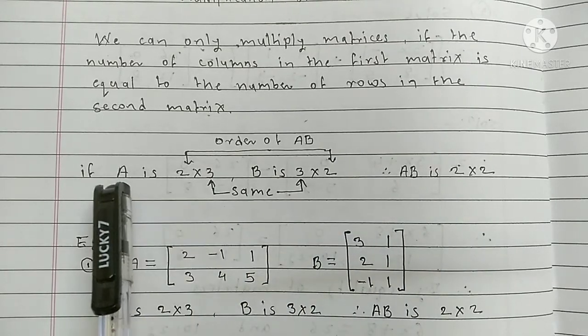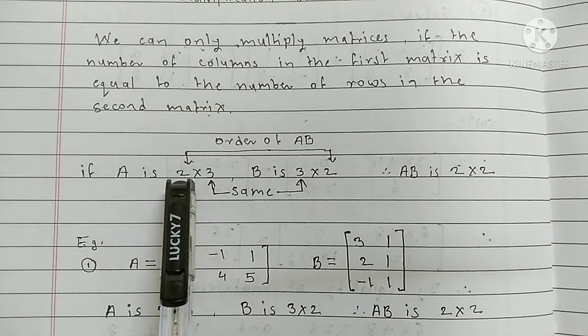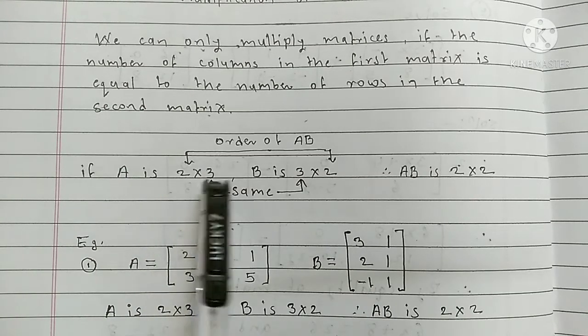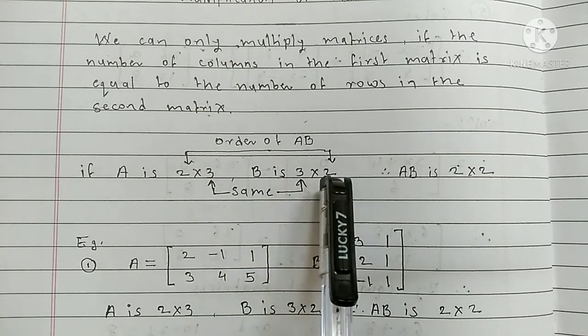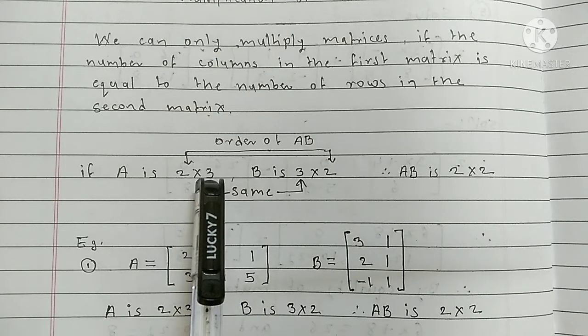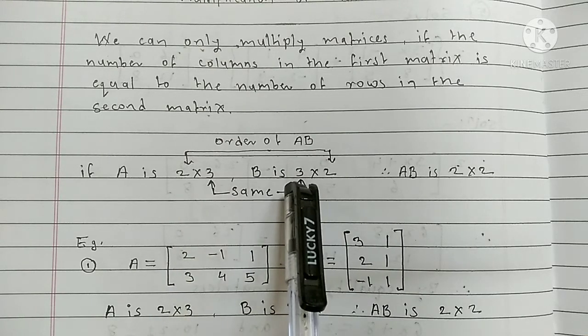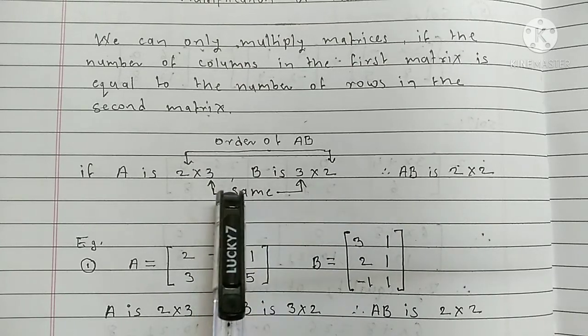Here in the first matrix the number of rows is 2 and number of columns 3. In the second matrix number of rows 3 and number of columns 2. So here number of columns in the first matrix and number of rows in the second matrix, 3, are the same.